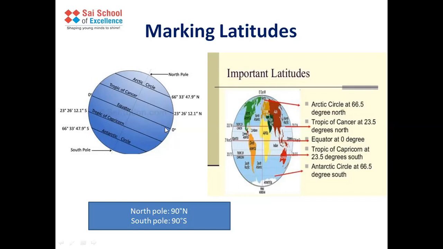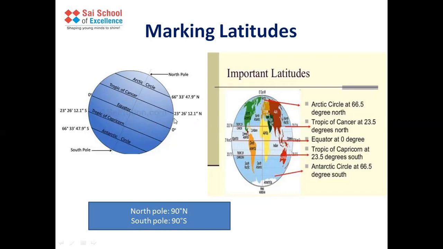Now I'm sure you must have understood about the equator, which is at 0°, the North Pole 90° N and the South Pole 90° S. So there are 4 other important parallels. Now let's see their names. Tropic of Cancer, 23.5° N. Now 23.5° N means it is there in the northern hemisphere.